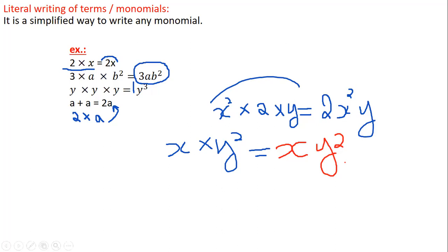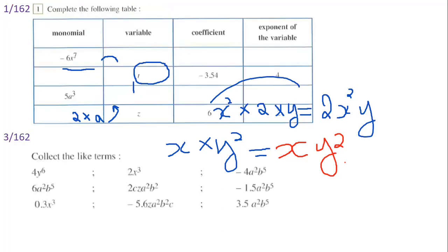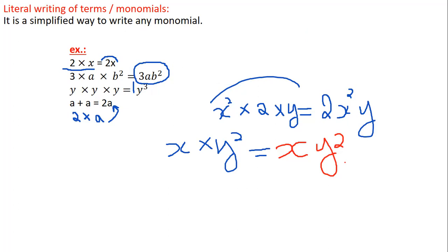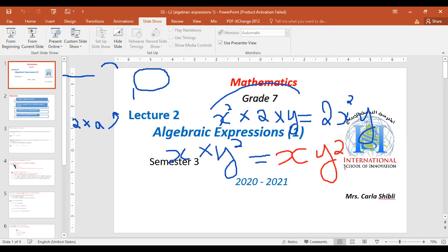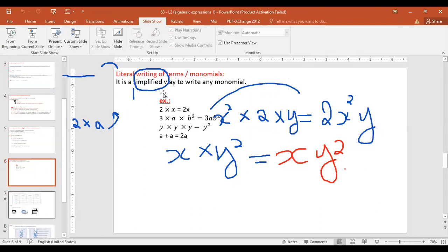At the end of the lecture, I have more than one slide with exercises.